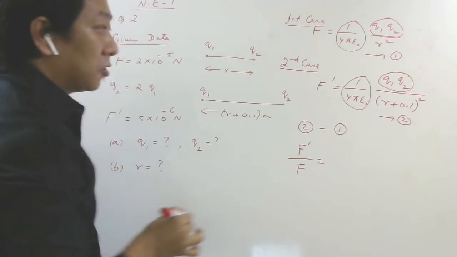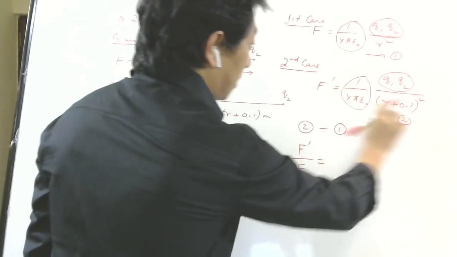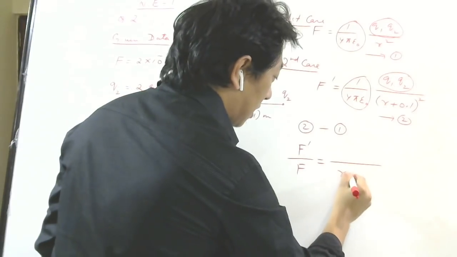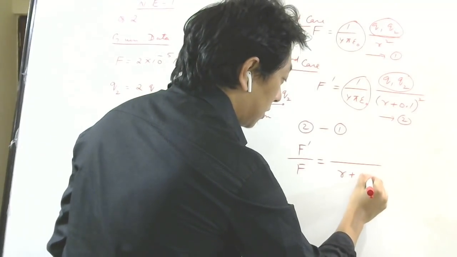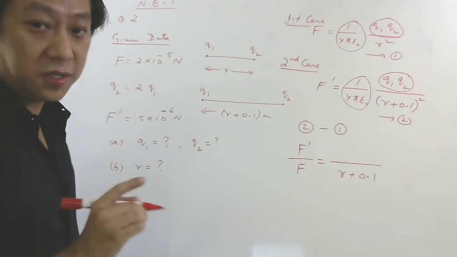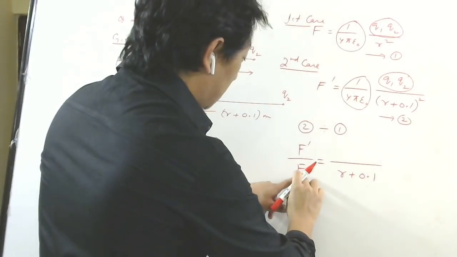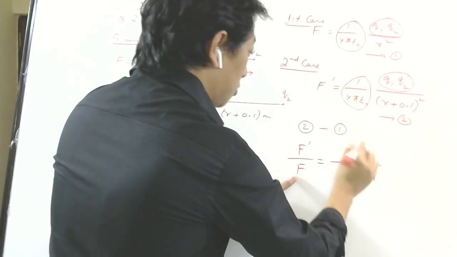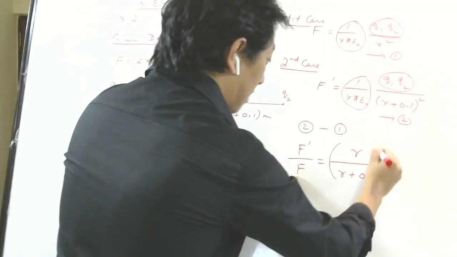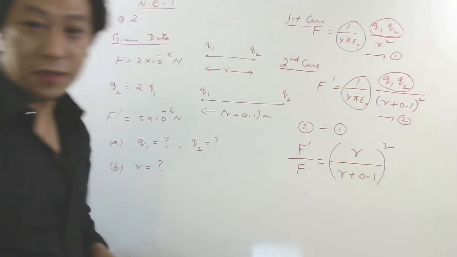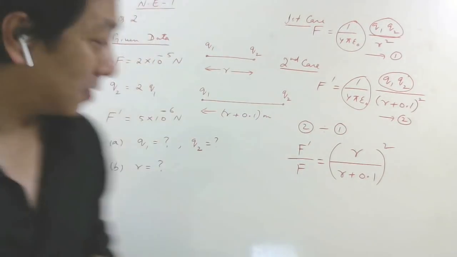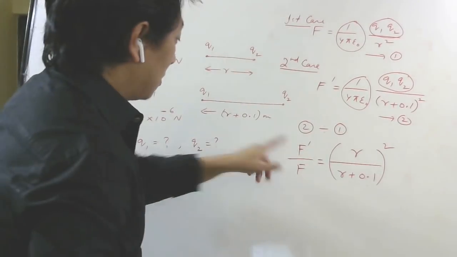In the denominator of F dash, what is there? R plus 0.1 whole square. But in the denominator of F, what is there? R square. So that R square will go in the numerator. So R, then I will write whole square. Isn't it A square by B square is A by B whole square? So now I know the value of F dash.